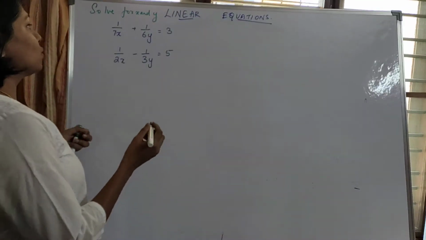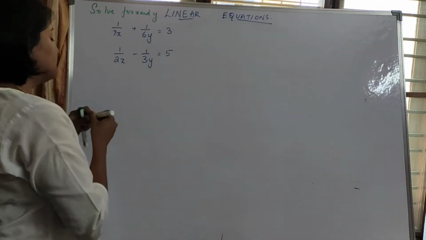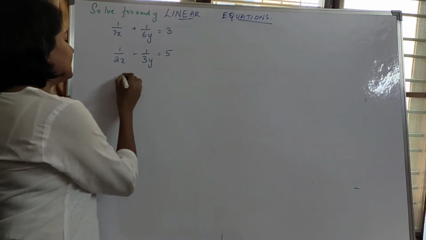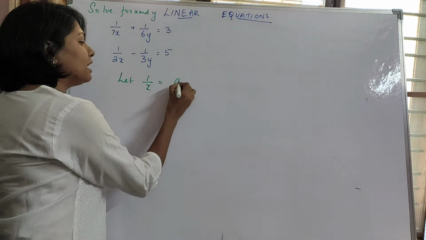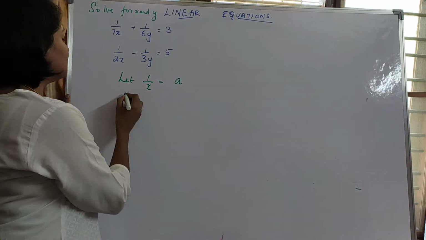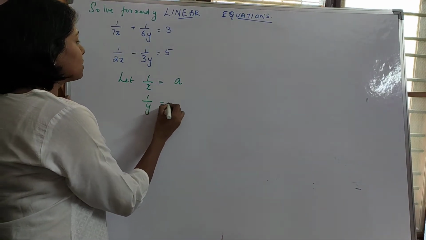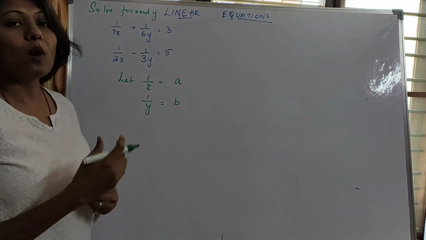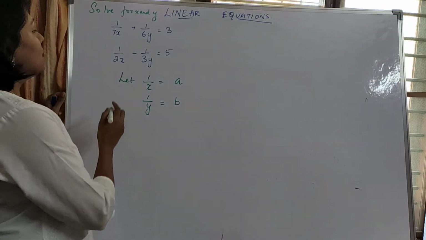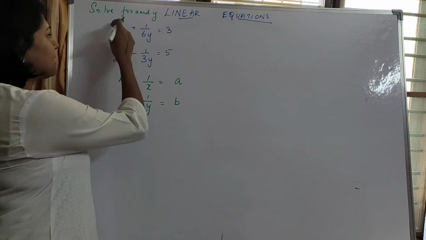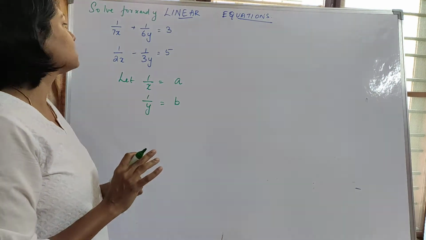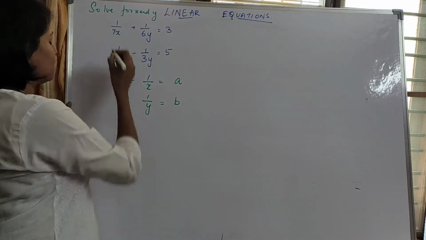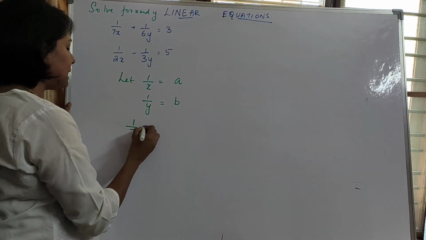How? Let us consider the 1 by x here. Let 1 by x be equal to a. Similarly, 1 by y is equal to b. So what happens to the given equation? 1 by 7x is nothing but 1 by 7 into 1 by x, so we call this 1 by 7a.